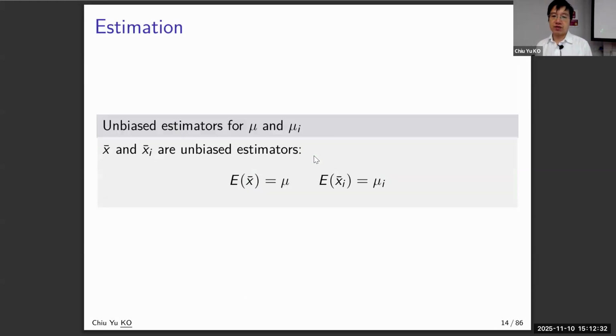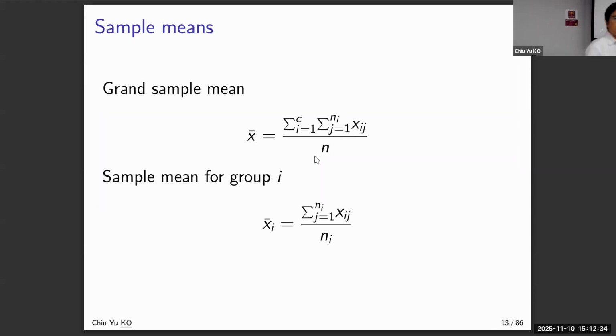Before we do that, I want to introduce two numbers. At the beginning we want to see what mu and mu i are, and they are all numbers we don't know. We want to estimate them, and to estimate them we can just use the sample version. The grand sample mean is just adding all the data divided by n.